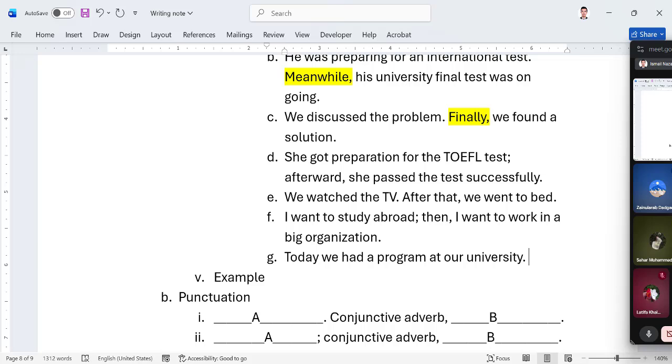Okay. So how can I use it, sir? For example, we can say today we attended the university program.